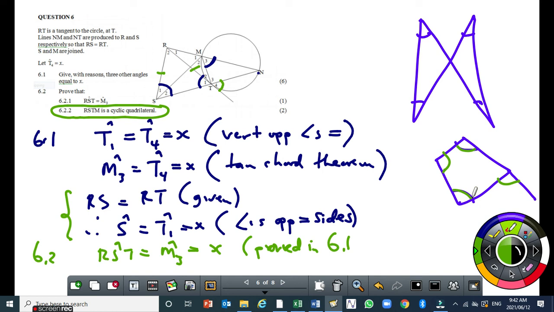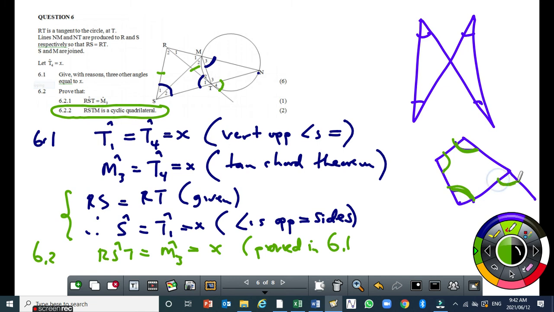Look, if the opposite angles of a quad add up to 180, then you can say therefore the quadrilateral is what? Cyclic. Remember, they are supposed to be supplementary. These two, if they add up to 180, then you have a cyclic quad.